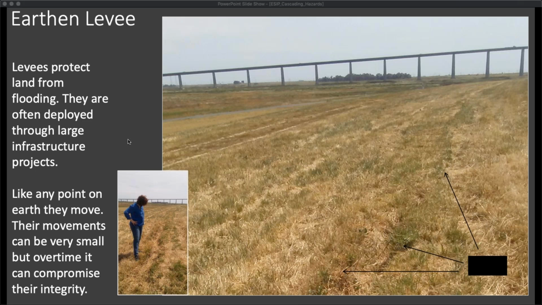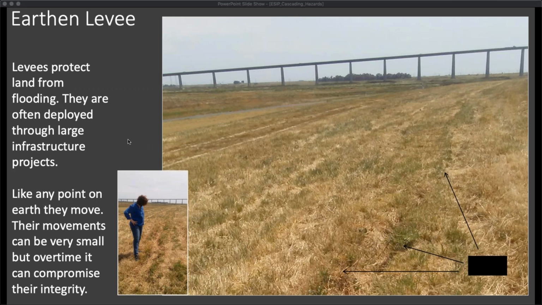And over the years, these things naturally move. And if that movement happens to be vertically going down, meaning subsidence, that could create a major risk or major hazard if a hurricane comes along and stresses the system.